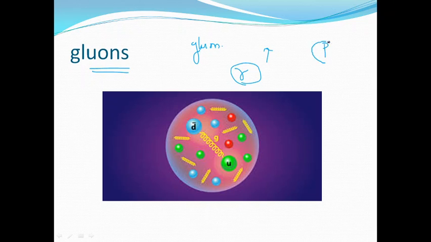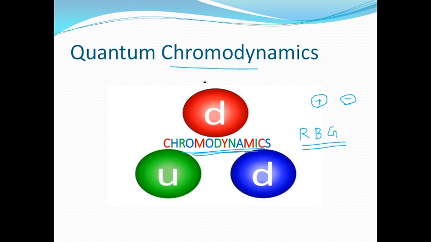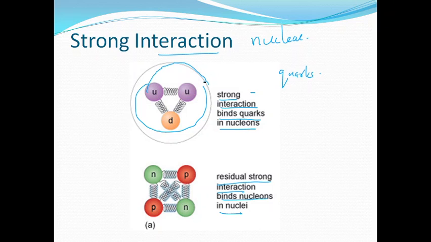We normally see protons and neutrons as a whole, right? We cannot separate a quark from inside the proton. The reason is that this strong interaction is very strong. This is the strongest of all four interactions, and it binds all the quarks together. If we try to separate any particular quark, the force will further increase, making it very difficult to separate a quark.